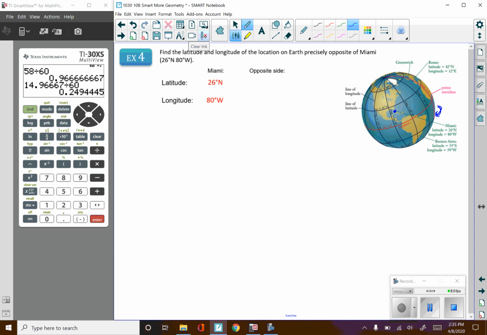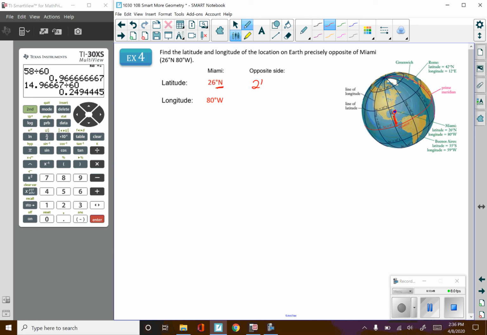So what we have to do, if we focus on latitude first, latitude has to do with how far north or south of the equator. If something is north of the equator, then the point on the opposite side of the Earth is going to be that same amount, but south of the equator, way over on the other side.